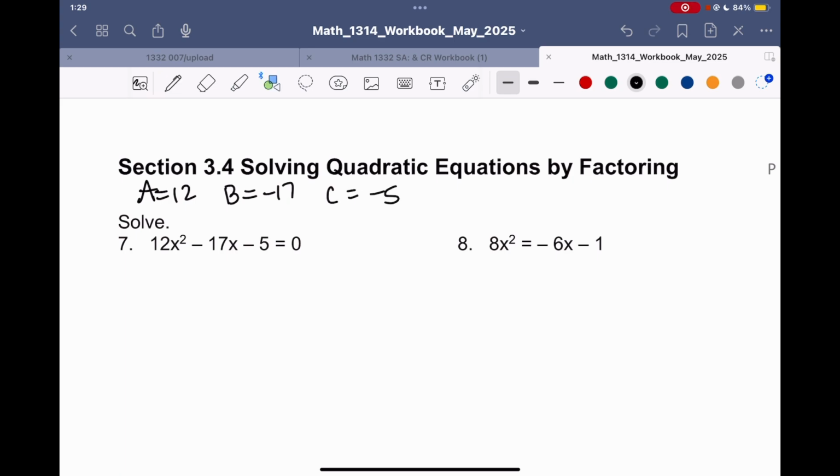You're going to use a graphic organizer of this. It's going to be A times C, so it's negative 60, and B is negative 17. So my factors are going to be negative 20 plus 3. You're expanding the center term.